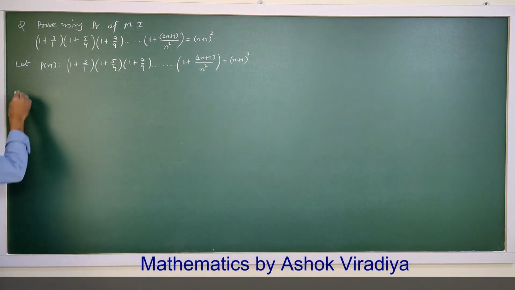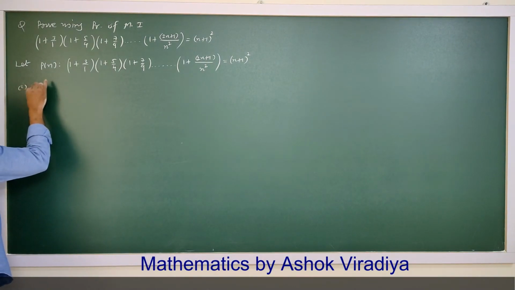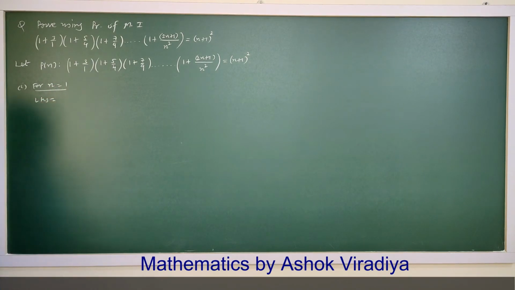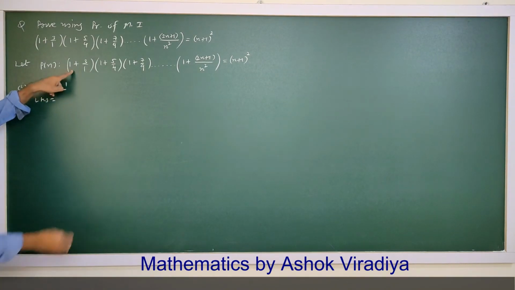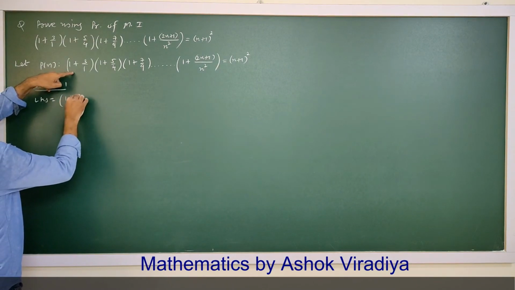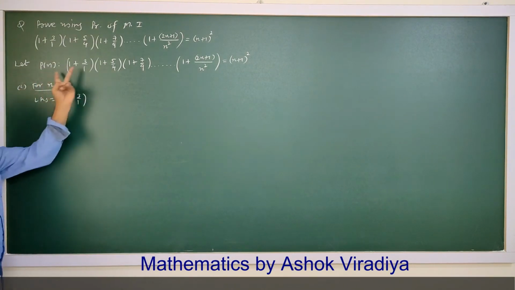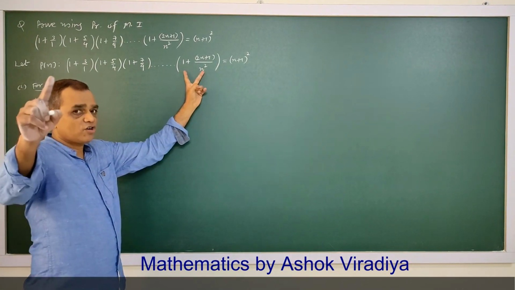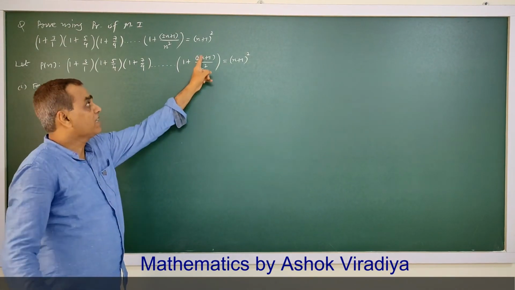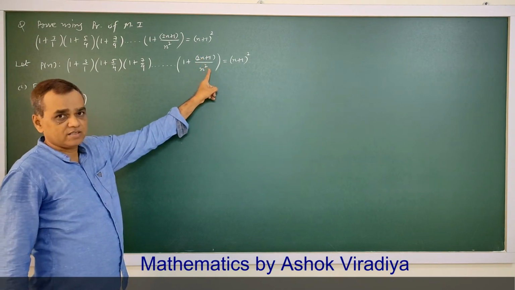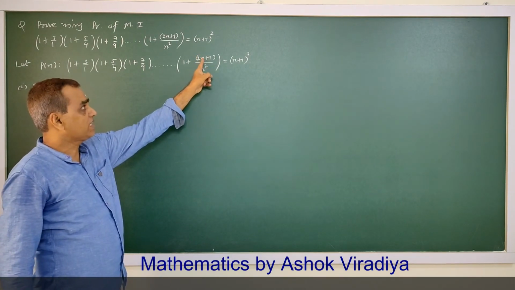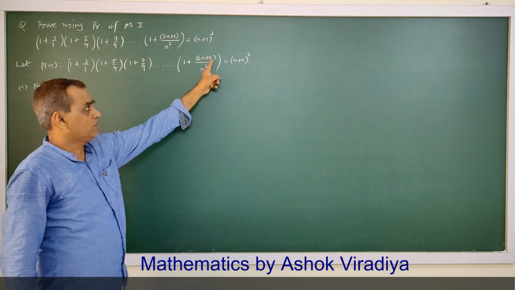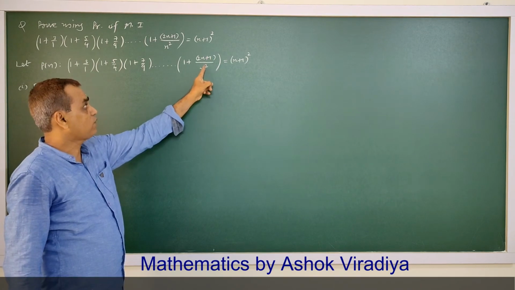First part, for n equal to 1. For n equal to 1, left hand side, say this is first term. We continue this product up to the term which is obtained by putting here n equal to 1. So keep here n equal to 1. What is the output? 1 plus 3 upon 1 square.